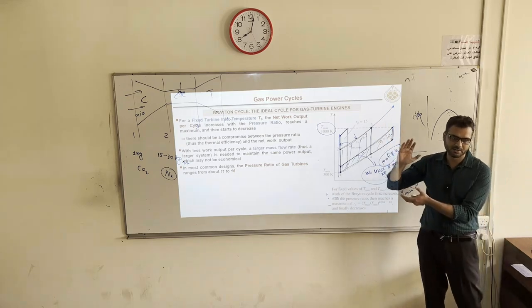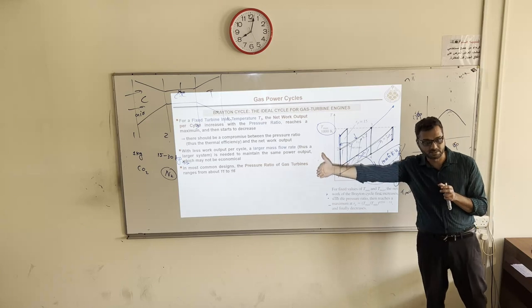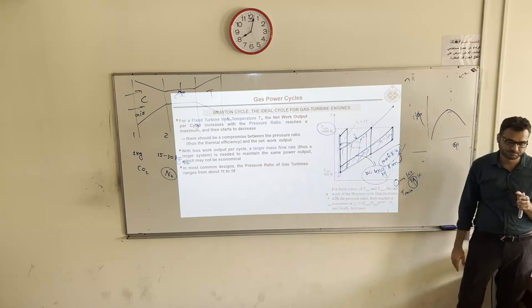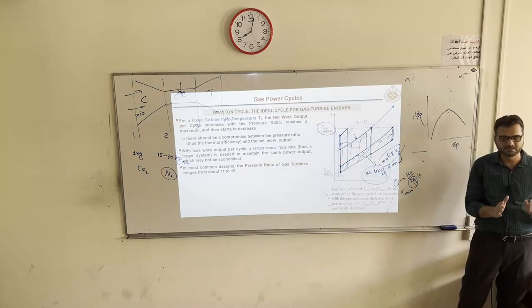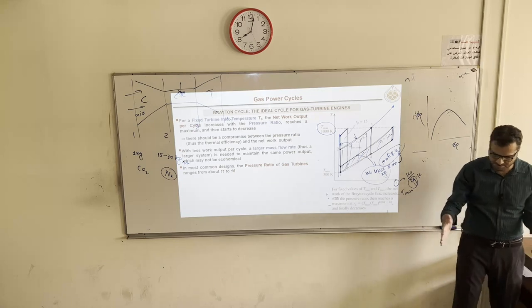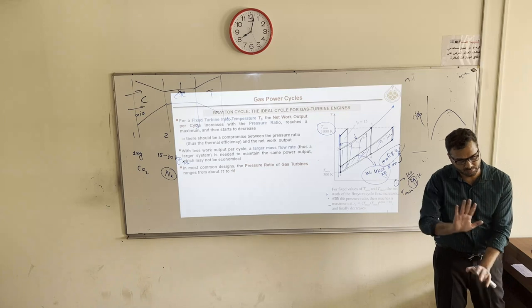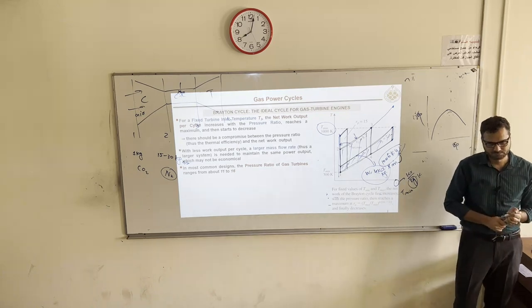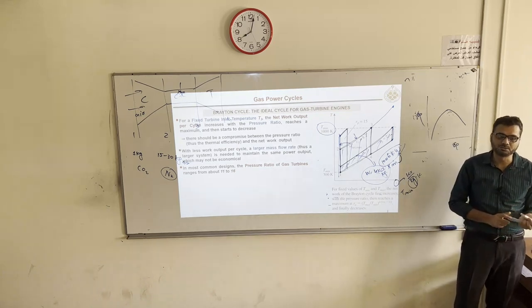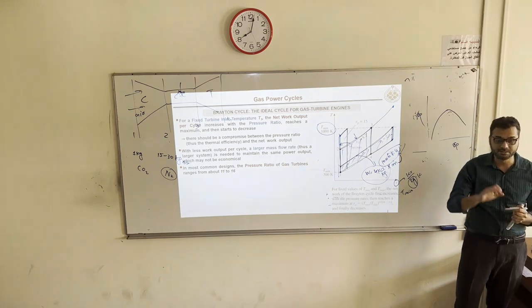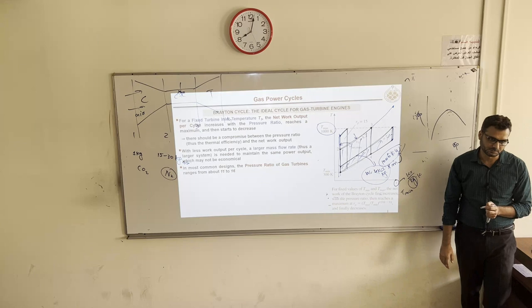No. So either increase the mass or increase the size of the engine. For example, for size, you have a restriction. Engine size cannot be bigger than this space. So it means total volume is fixed. When total volume is fixed, now what can you do? Increase the mass flow rate to get the desired power. Okay.